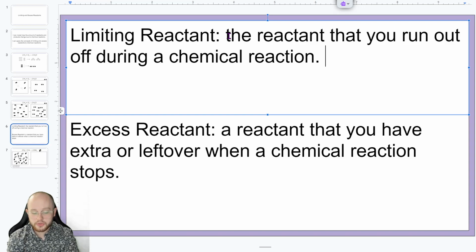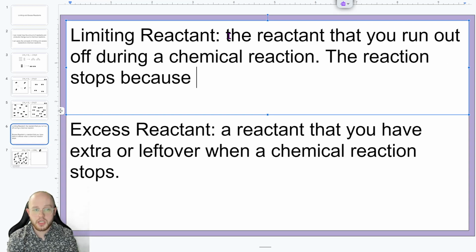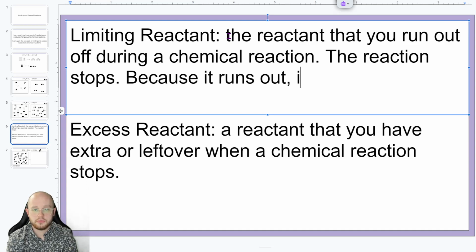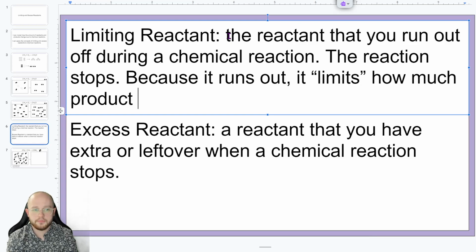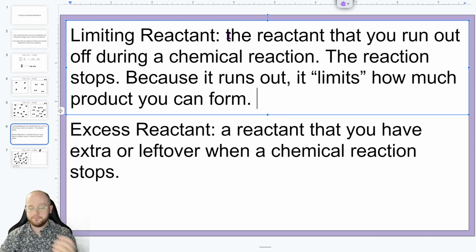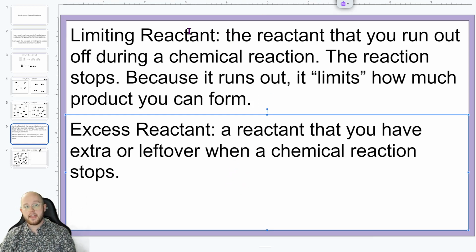As a result, the reaction stops, because you run out. And because it runs out, it limits how much product you can form. That is the basic definition of limiting reactant and excess reactant.